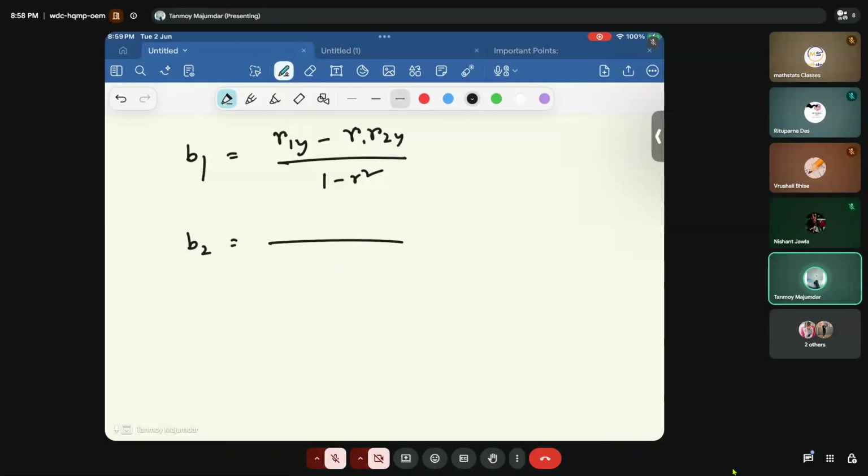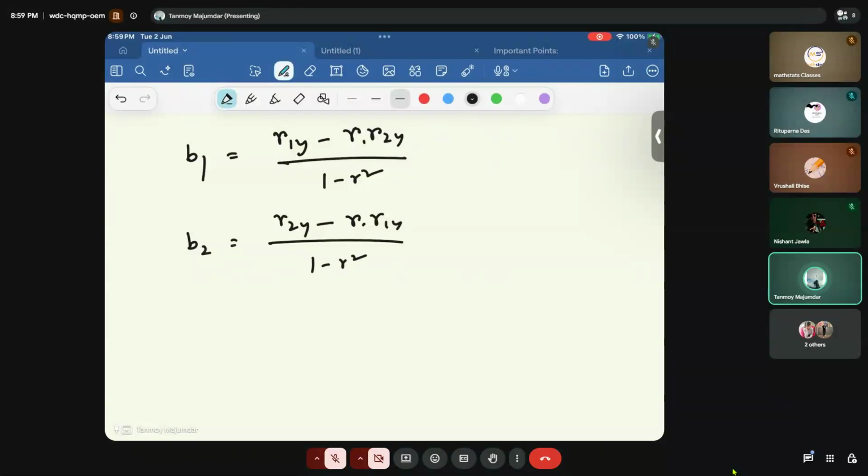Right at the starting, when we used normalization, we took centered values, normalized and scaled them, so those sums are all 1 and only correlations will be there. So b2 is r2y minus r into r1y by 1 minus r square.